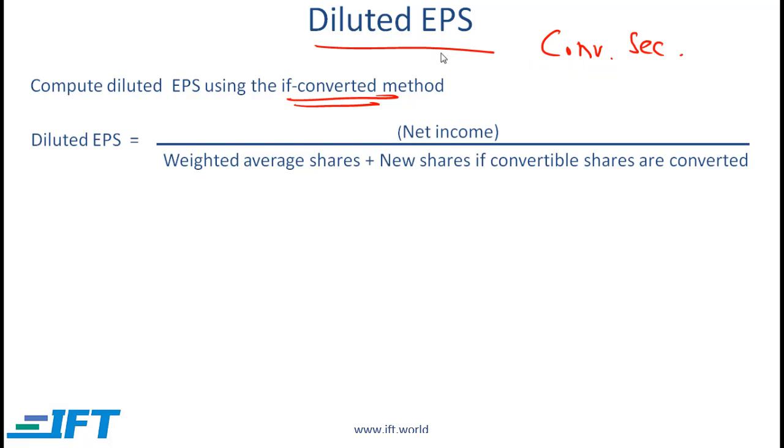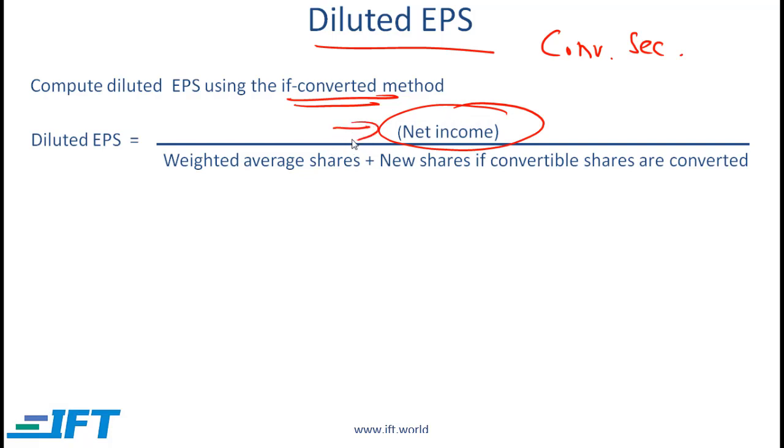Now, we compute diluted EPS by saying that if the convertible securities were actually converted, then what would the EPS be? If you take a convertible preferred stock, then assuming that convertible preferred stock is converted, there would be an impact on the net income available to common shareholders.